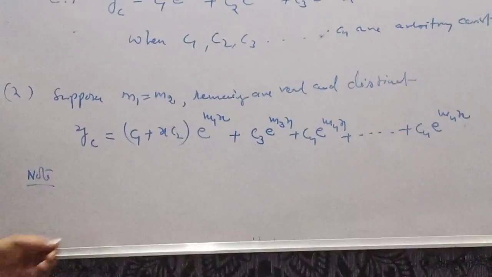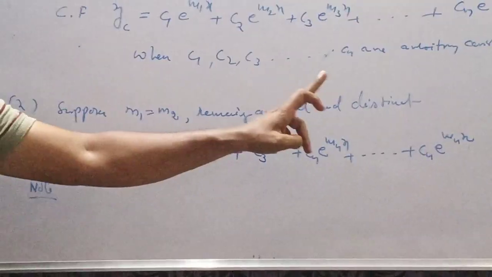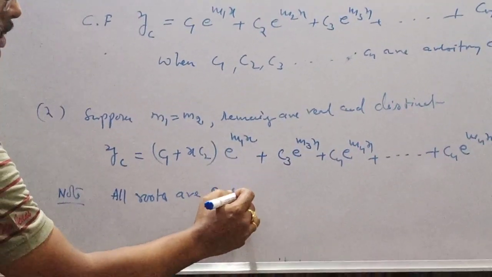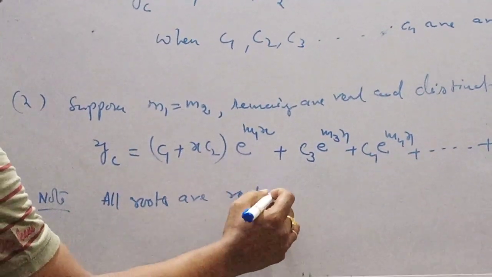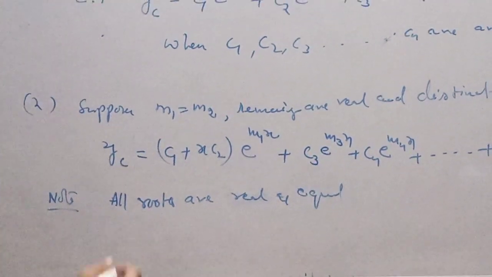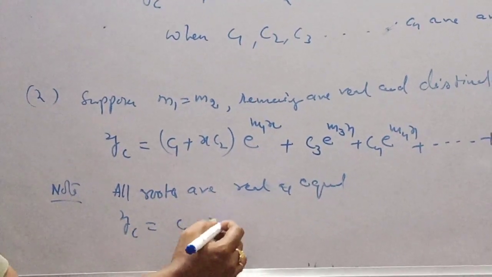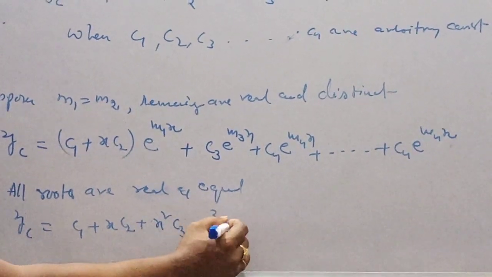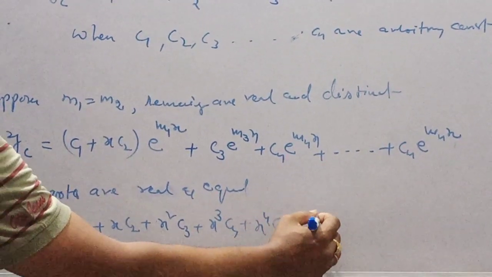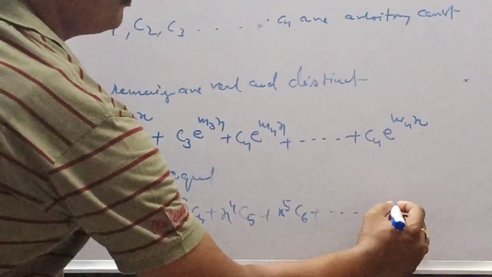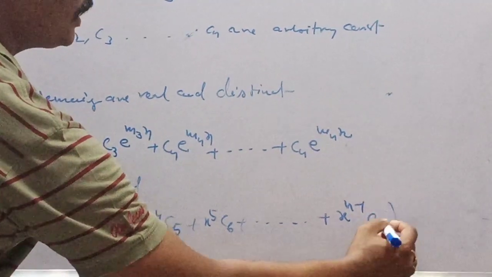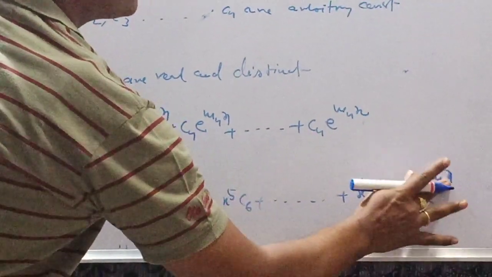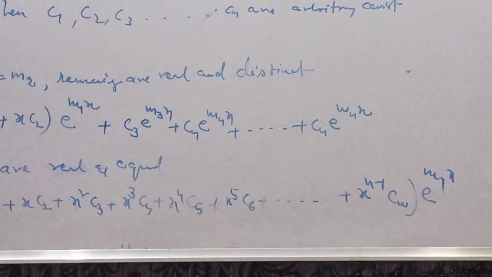If all roots are equal, m1 equal to m2 equal to m3 equal to so on mn, real and equal roots, then yc equals (c1 + c2 x + c3 x squared + c4 x cube + c5 x power 4 + c6 x power 5 and so on, up to cn x to the power of n minus 1) times e to the power of m1x, since all roots are equal.